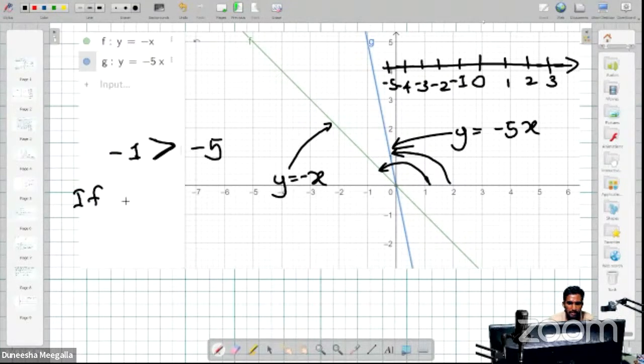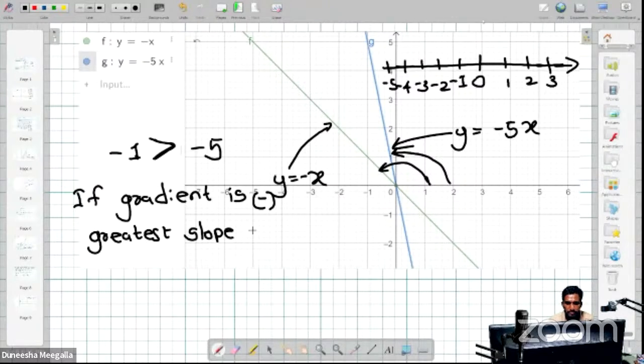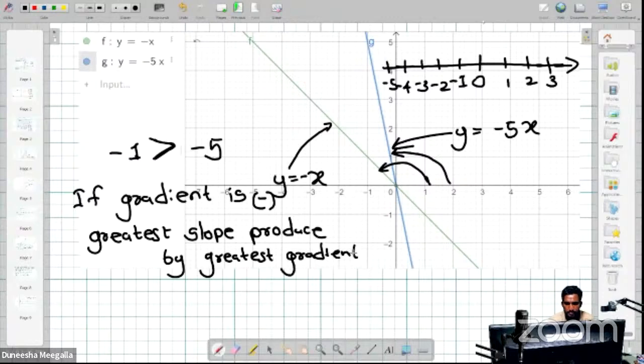If gradient is minus, okay, gradient is minus, greatest slope produced by gradient. හරි. වැඩි angle එකක් හදන්නේ ඒකෙන්. හරි.